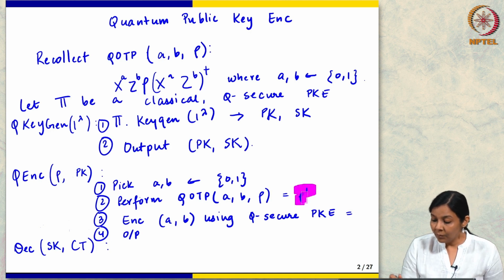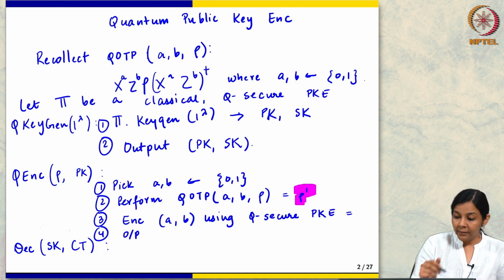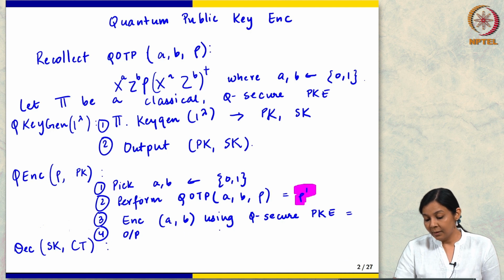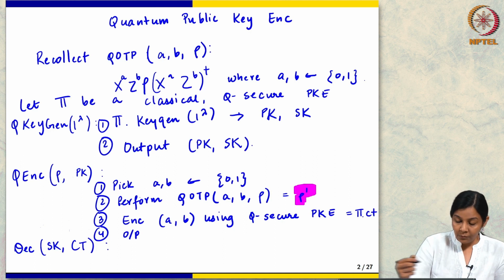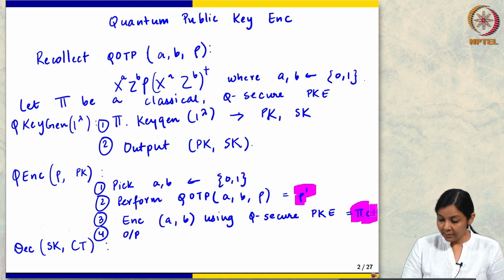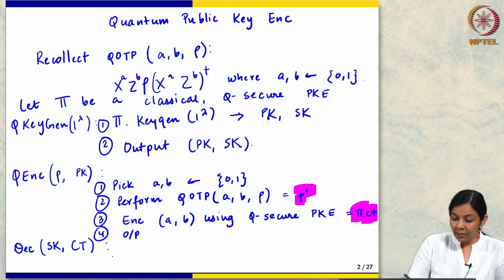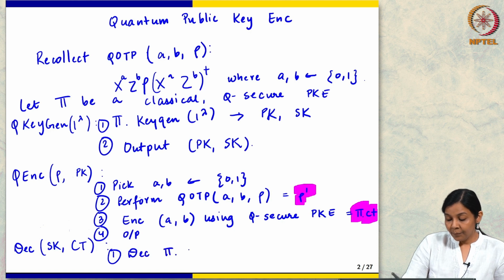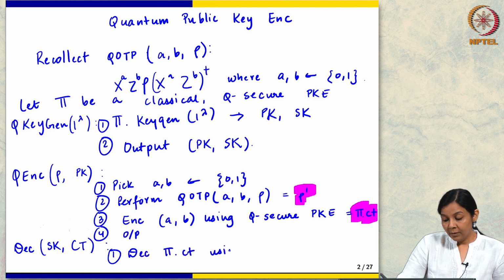This OTP part I am calling rho prime, and I will call this pi dot CT, to illustrate that this is just a classical ciphertext. Now what should I do? Obviously I would decrypt pi dot CT using pi dot SK.